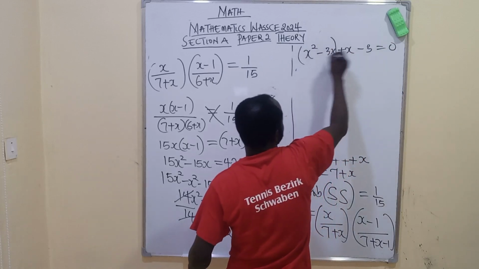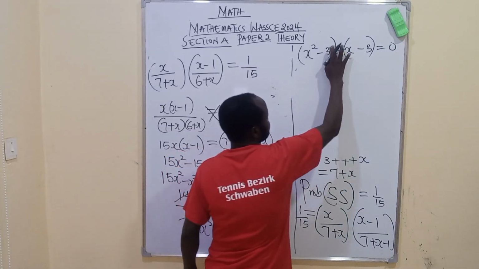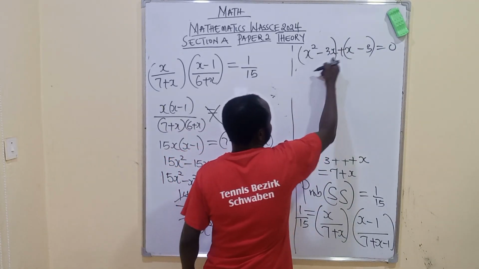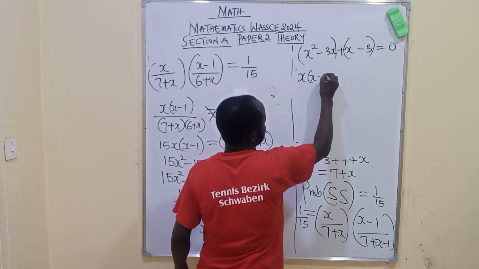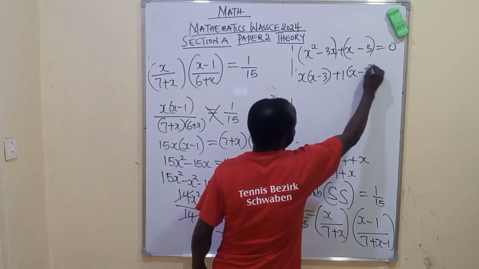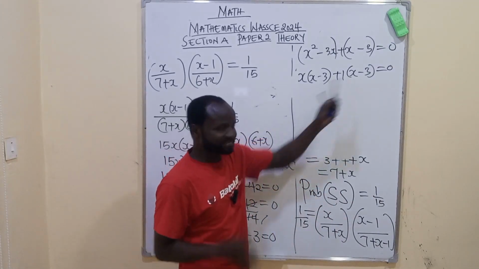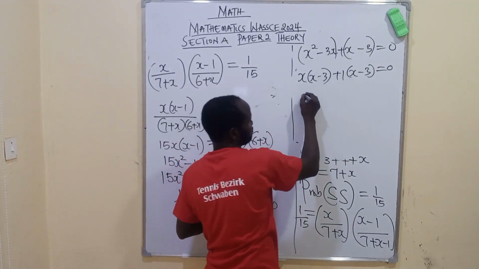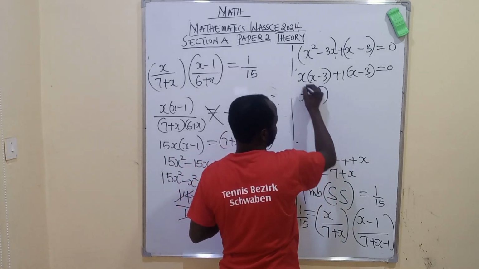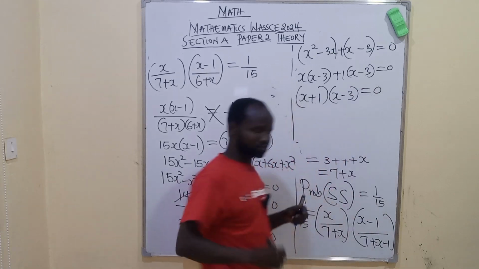So we can group this and factor out. What is common here is x into x minus 3. What is common here is plus 1 into x minus 3 equals to 0. You realize that what we have in the bracket are the same. So we can pick one. So we have x plus 1 in one bracket, then x minus 3 in another bracket equals to 0.